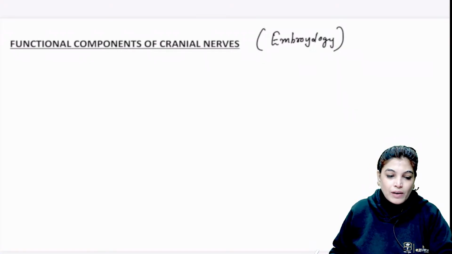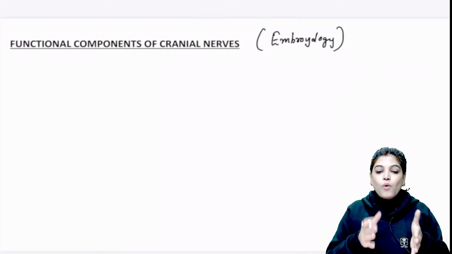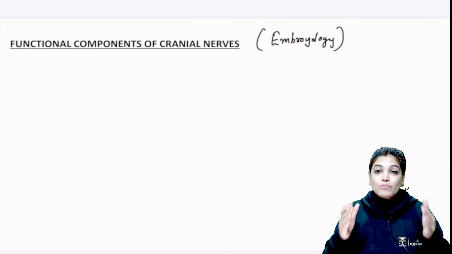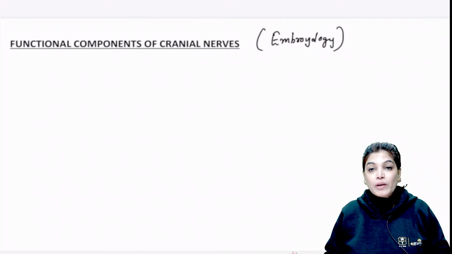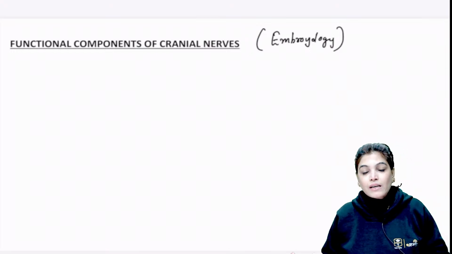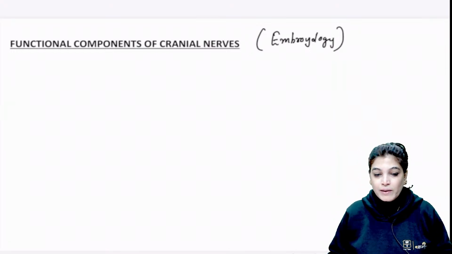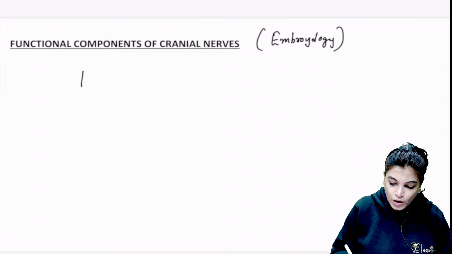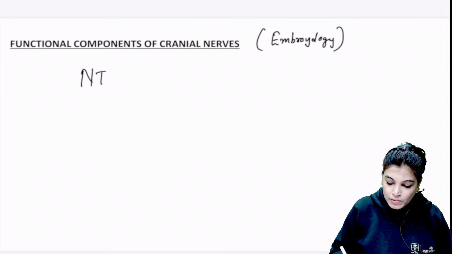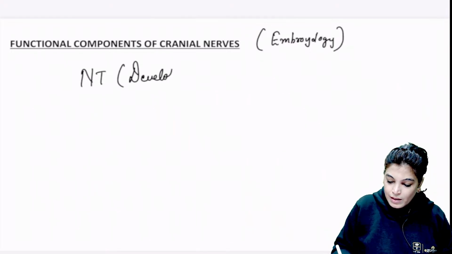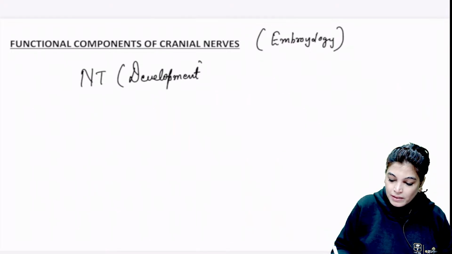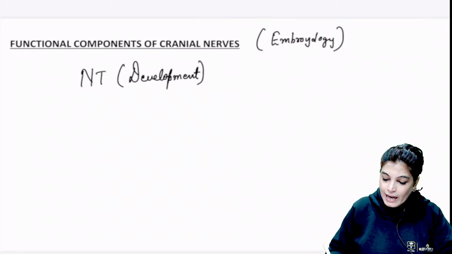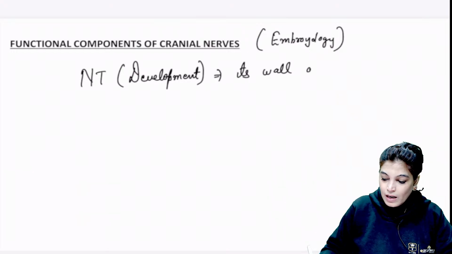During the development of the neural tube, its wall is made of three layers. If I'm talking about the development of the spinal cord, we know that the neural tube is formed and then the formation of the central nervous system takes place. During the early process of neural tube development, its wall is made of how many layers?